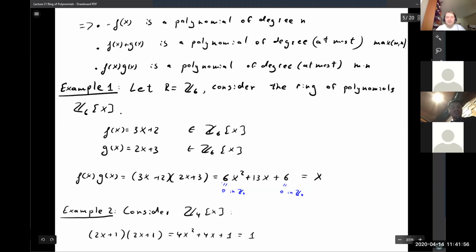So in other words, 2x plus 1 has a multiplicative inverse in Z4 of x. Okay.